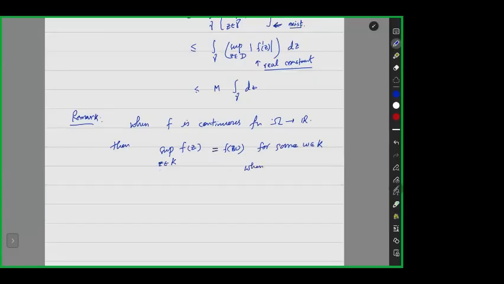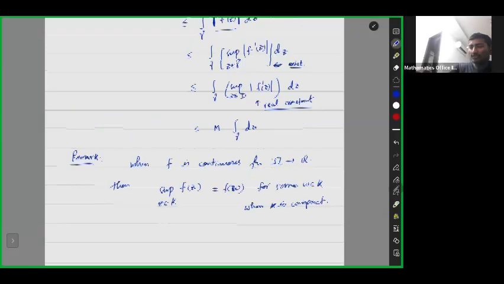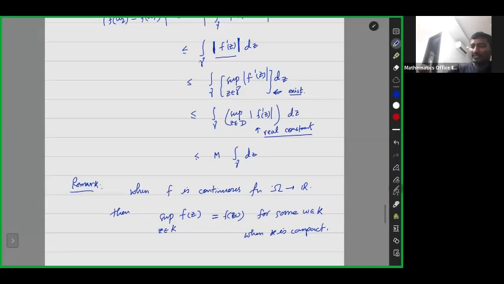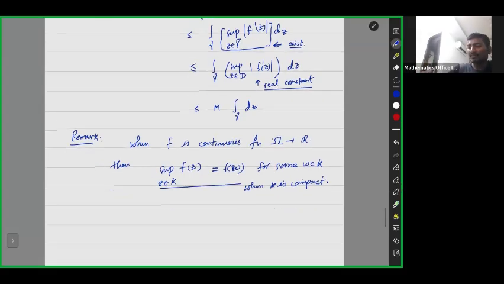This is what I was telling. Because the curve gamma was compact, this supremum is attained inside, at some w.